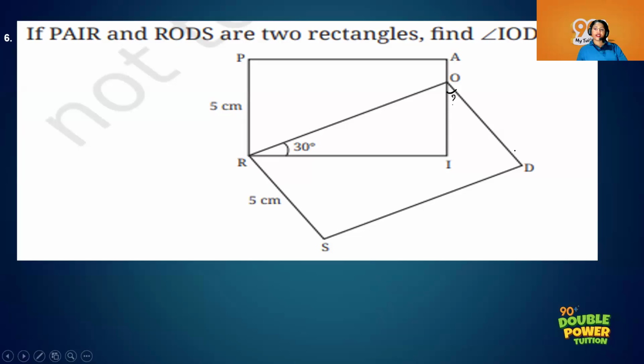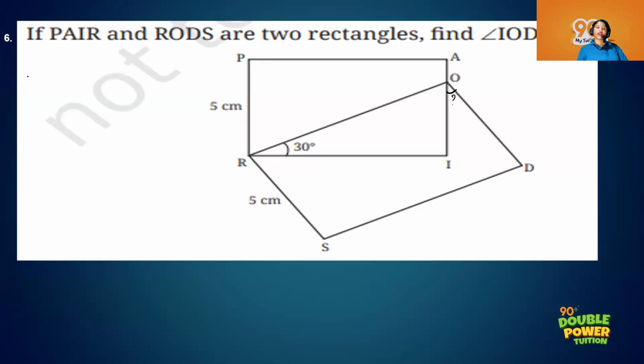Tia, Ishan also the same. Ma'am, is it because of adjacent angles?